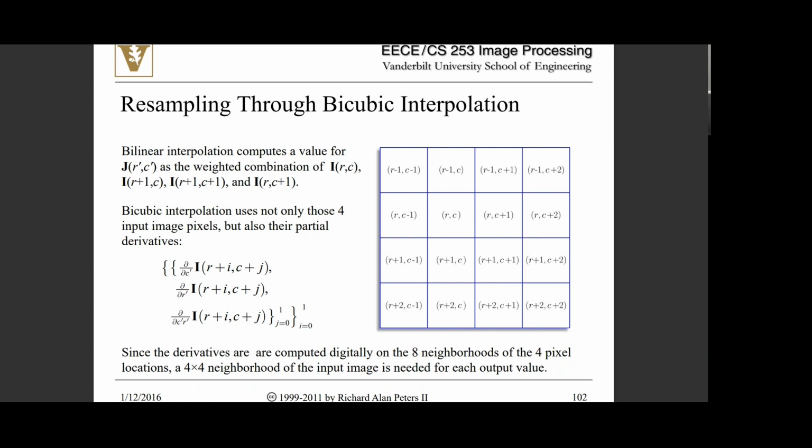So now, if we expand our region, not just to these four values, but to these 16 values, I can tell you how the function looks like, so the zero order approximation, the first order approximation, how the derivative is at that point, and how the second derivative is at that point.